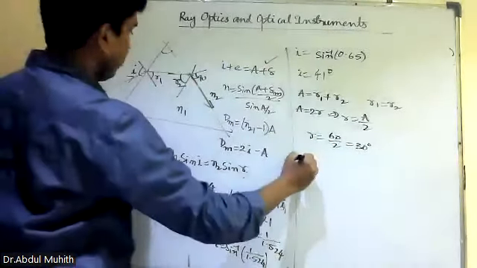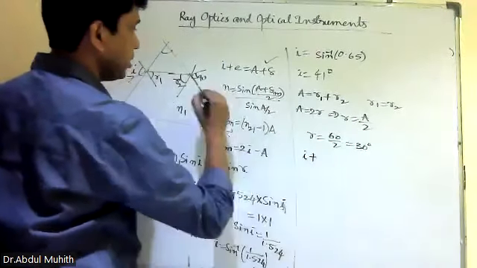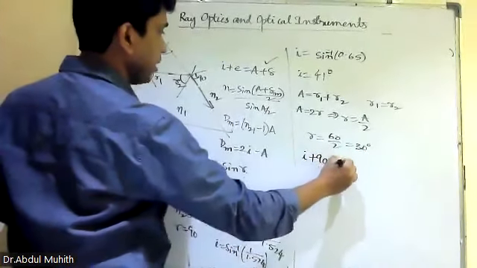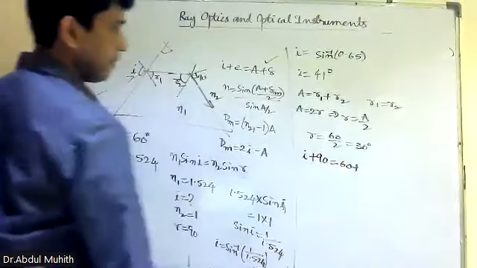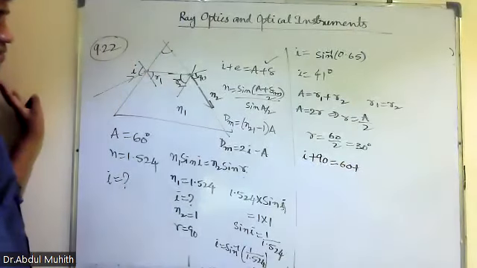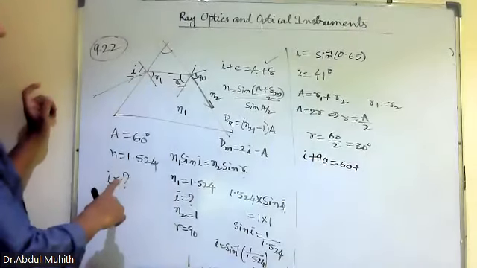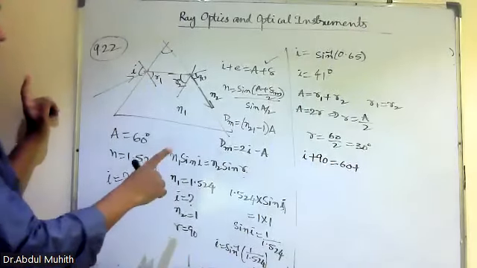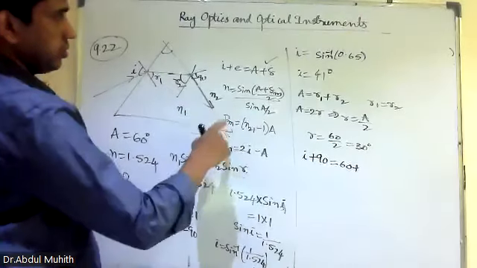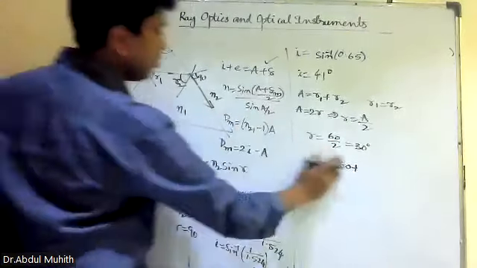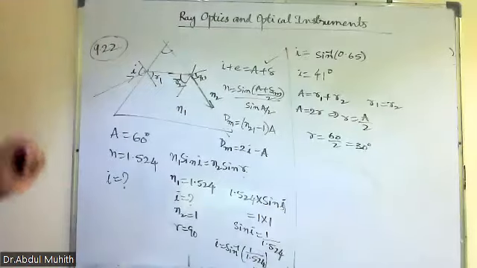What is I now? I plus E, emergence 90 here, is equal to A plus delta. 60 plus 30. What is delta? We didn't find out delta, right? I plus E is equal to A plus delta. I is already we got it now. Angle of incidence I is equal to?